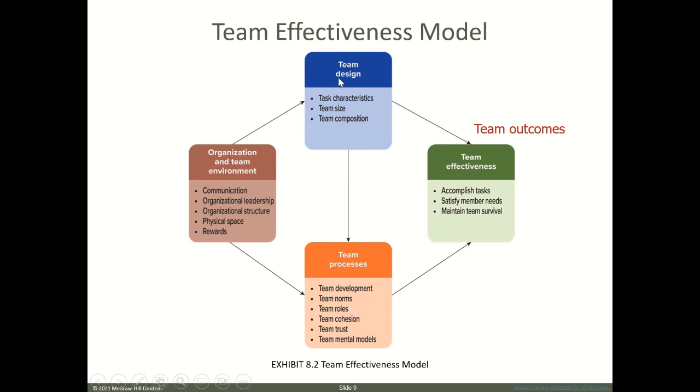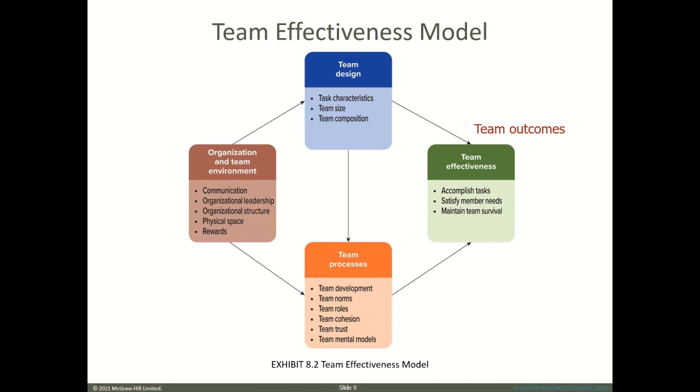Once the team design work is done, then comes team process. When we look at the team process, there is team development, team norms, the roles of the teams, cohesion, team trust, and team mental model. Then the outcome will be the team effectiveness.